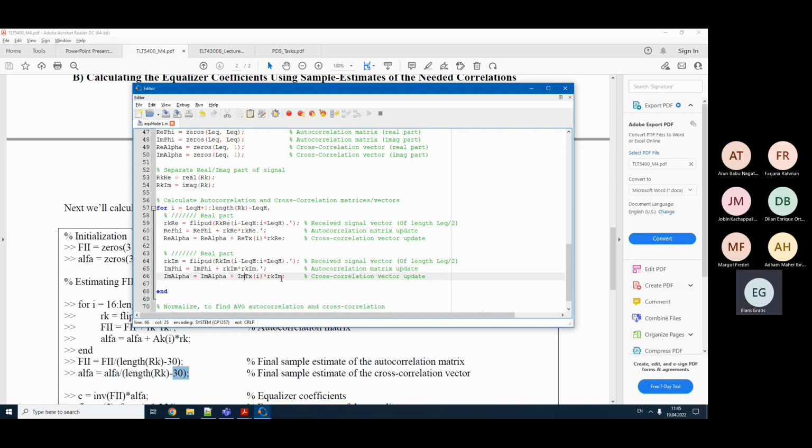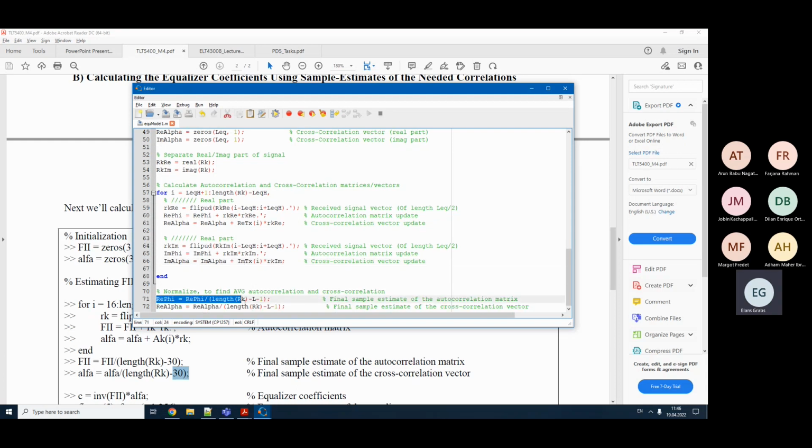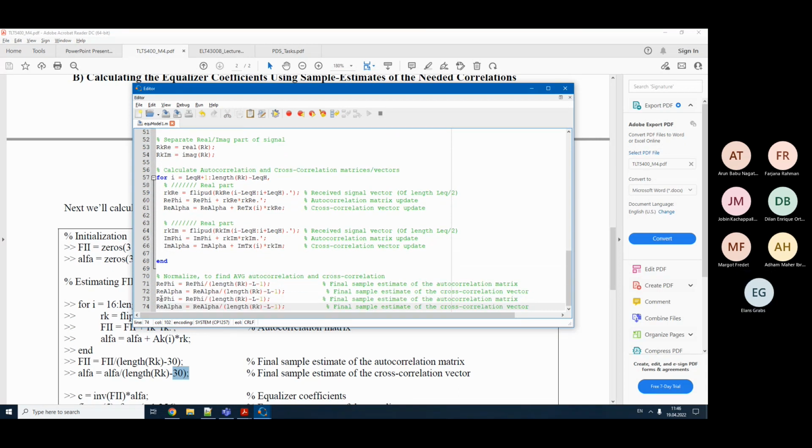I hope I haven't missed any of them. And similarly, now we need to normalize for imaginary as well. And here the length is the same. Okay, so normalization is complete.